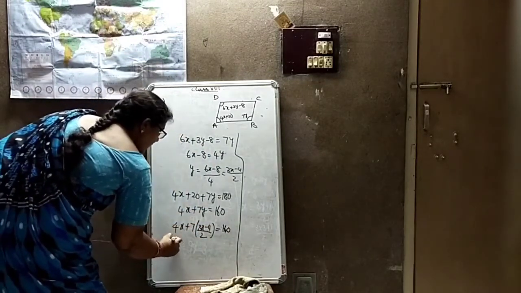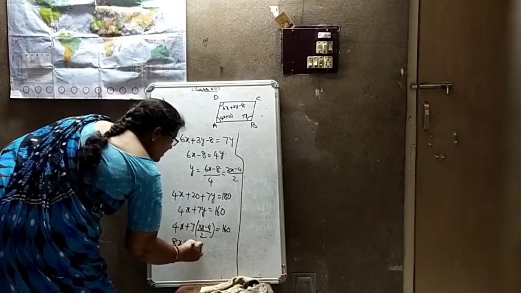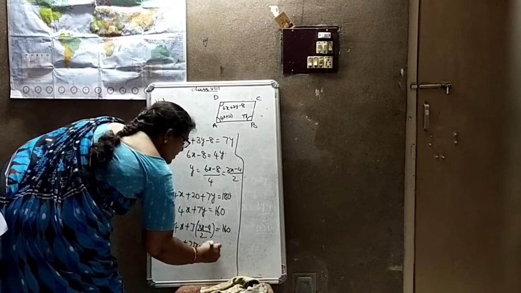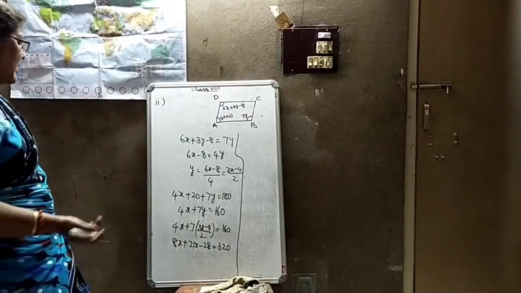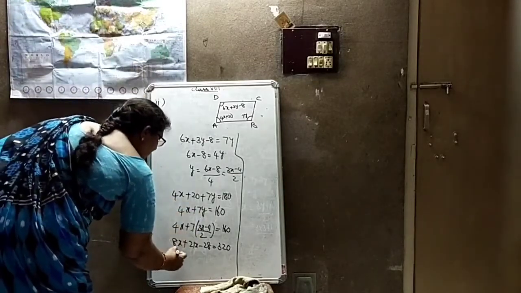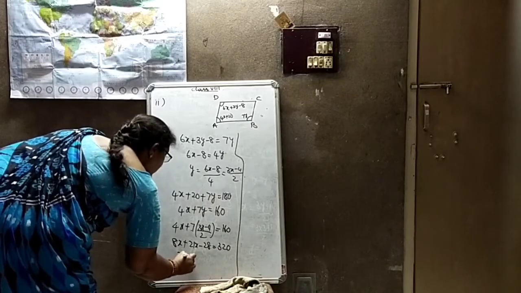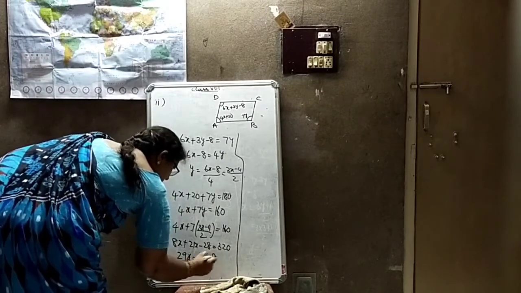2 into 4, 8x plus 21x minus 28 is equal to 320. 28 you bring to that side, 348 will come. 29x is equal to 348.